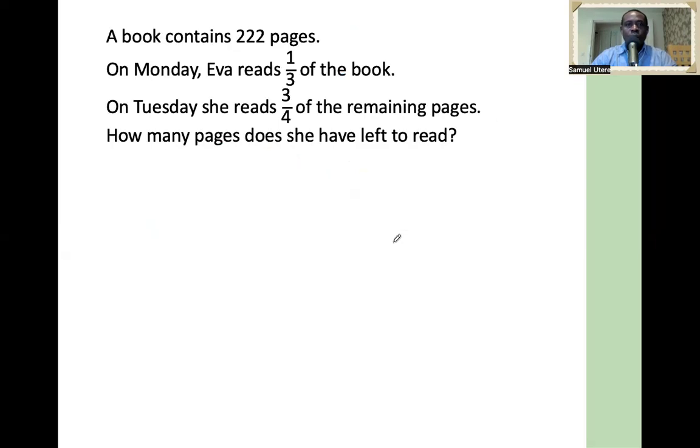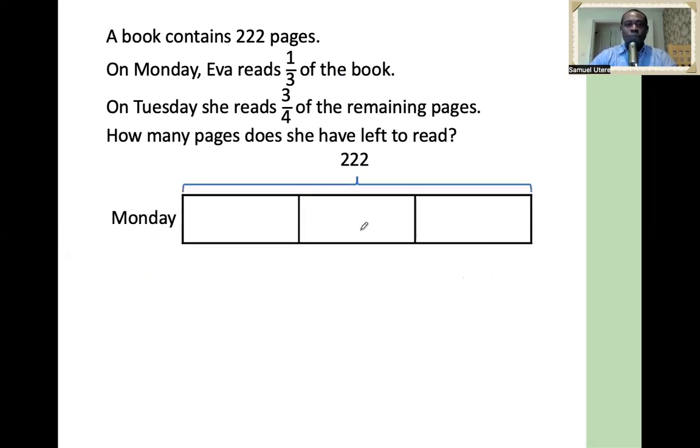All right, here is this one. There are different ways to do it. We could use the bar model to do it. So I'll show you the bar model and we'll think about a different way to do it. So for the bar model, we know that 222 pages is the total. We know that Eva has read 1/3 of the book.